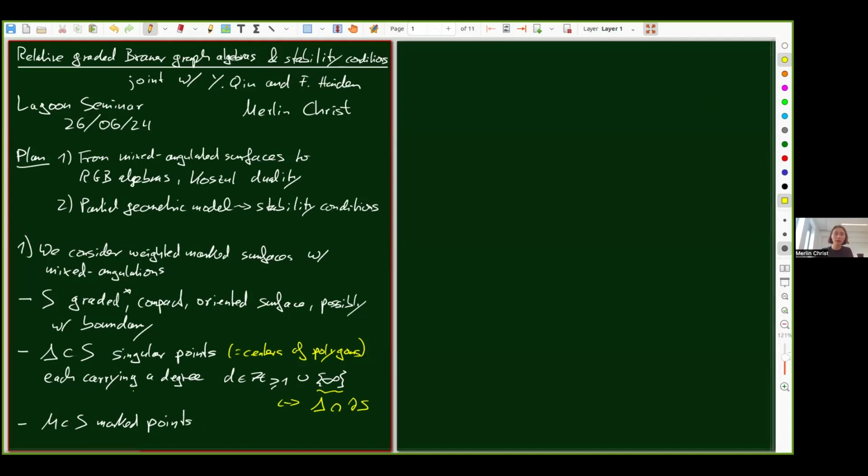But this might be clear in the example in a minute. These marked points are the vertices of the polygons. And if there are infinitely many marked points, that means we have infinite gons in the story.